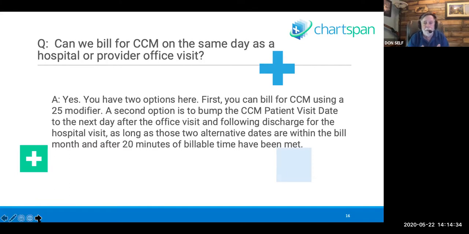The 25 basically says that the visit was significant and separately identifiable from the CCM being billed on the same day. My advice is make it simple. Let your billing people bill out the CCM towards the last couple of days of the month, and just go ahead and bill out the E&M visits on whatever day you do them. Keep it simple and clean.